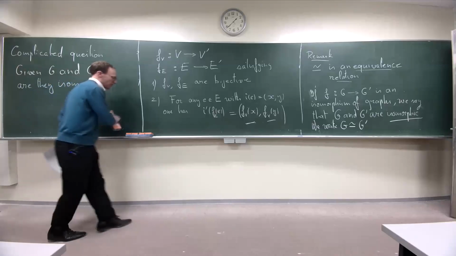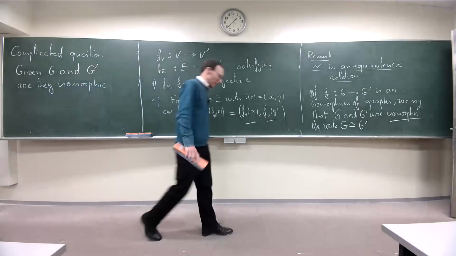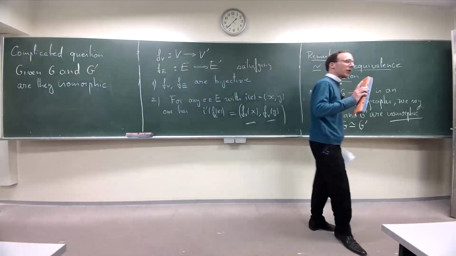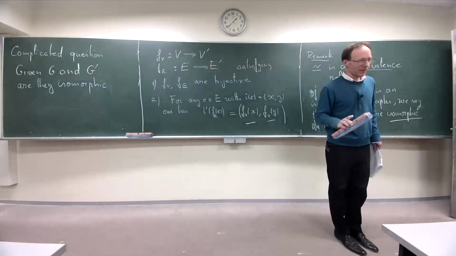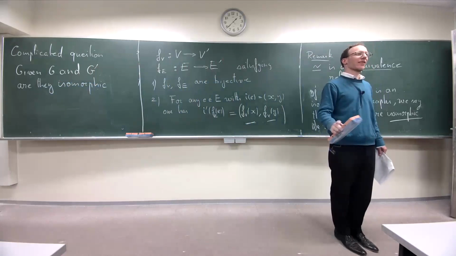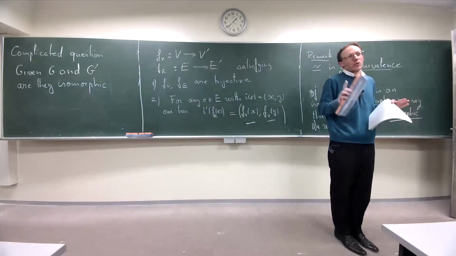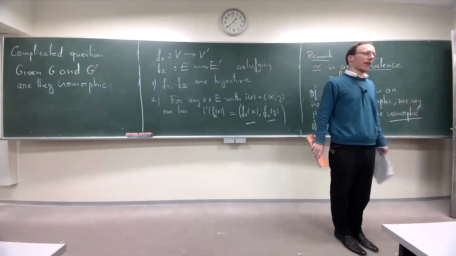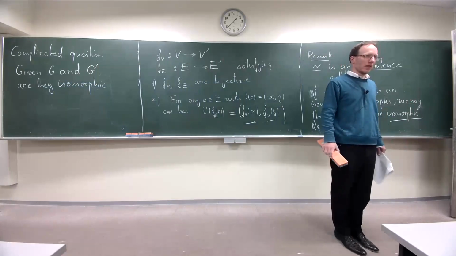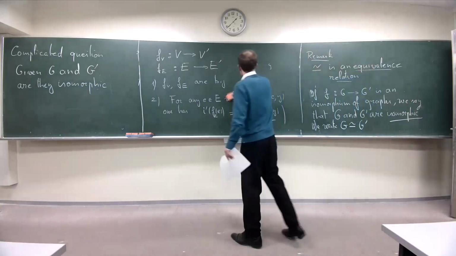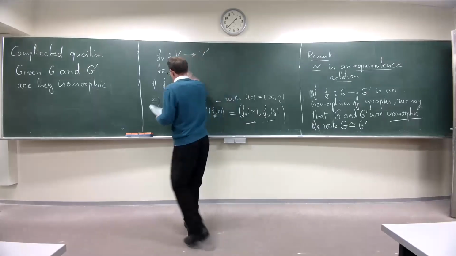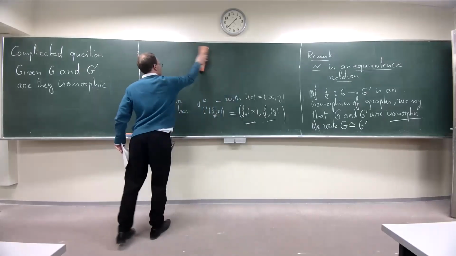This is a general rule in mathematics: showing that something is not is always simpler than showing that something is. Because if you want to show that something is not, it's sufficient to prove it very locally, or at least it's a simple condition. And this is the idea of what I'm going to introduce now.